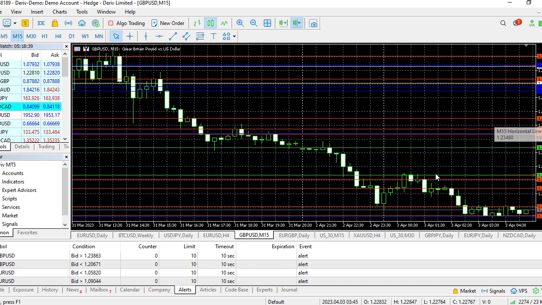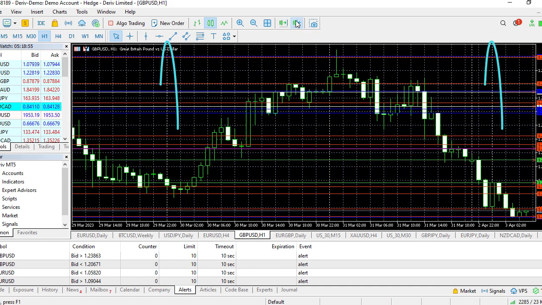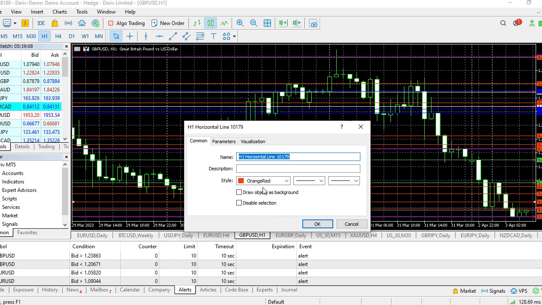One last thing, okay, so I put that one last thing for the open price of the day. Since I'm on 15 minutes, you see this line? Yeah, this collides with the open price of the day. Usually on 1 hour, it's even clearer to see. This line here collides with the open price of the day. So one thing I usually do is put a line at the open price of the day and represent it as a yellow line.